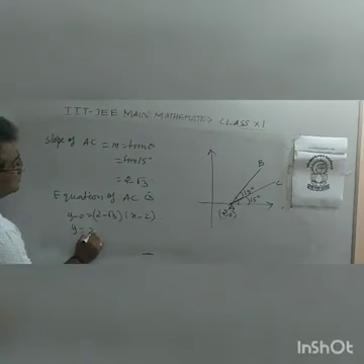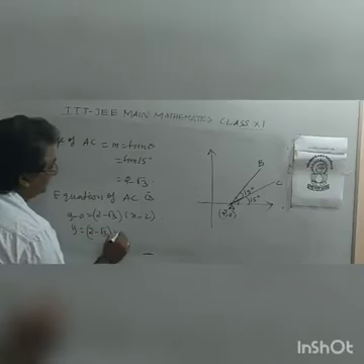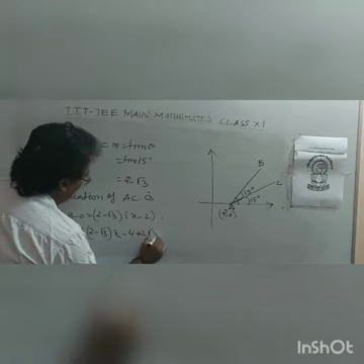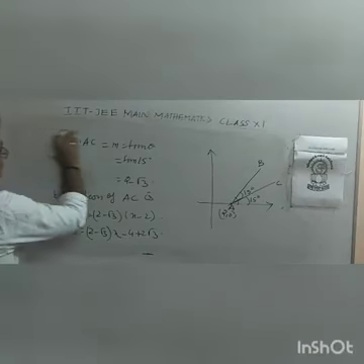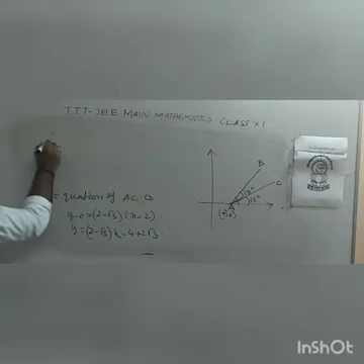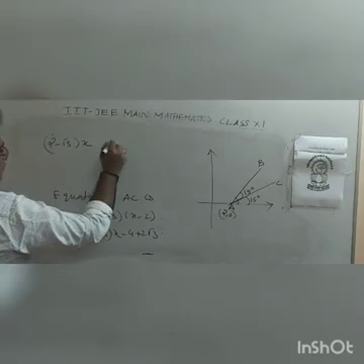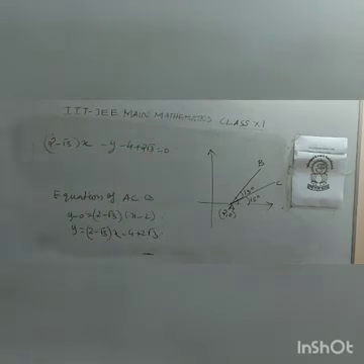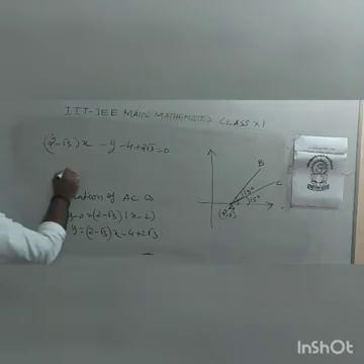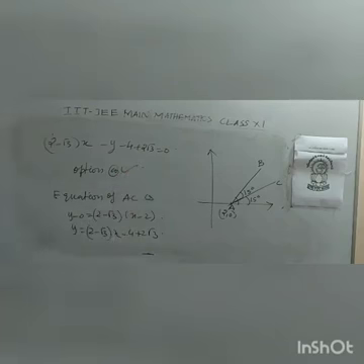So y equal to 2 minus root 3 into x minus 4 plus 2 root 3. Two minus root 3 x minus y minus 4 plus 2 root 3 equals 0. Option A is correct.